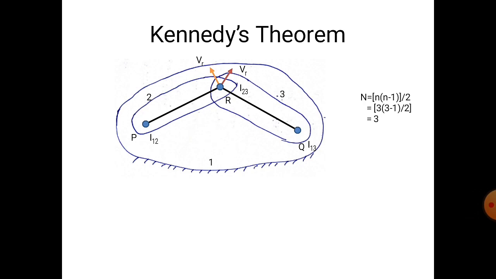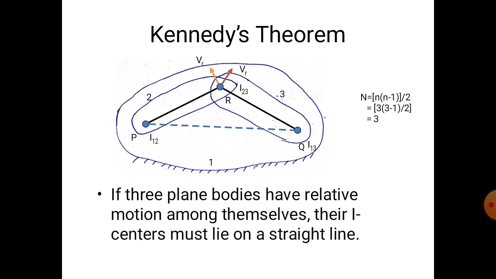The velocity Vr of the instant center I23 will be the same only if this center lies on the line joining points P and Q. So, if three plane bodies have relative motion among themselves, their instant centers must lie on the same straight line.